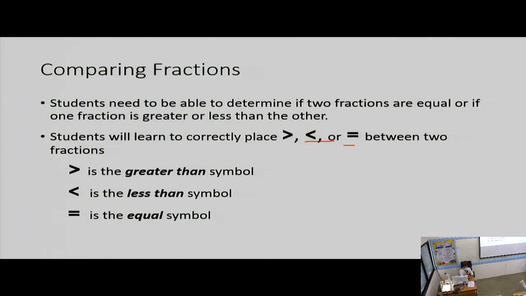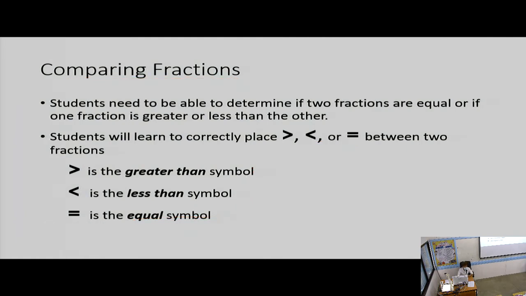And if it's equal, then they have the same value. Remember these three symbols because these are the only three symbols we use to compare fractions or compare things. I know that you already copied this before.